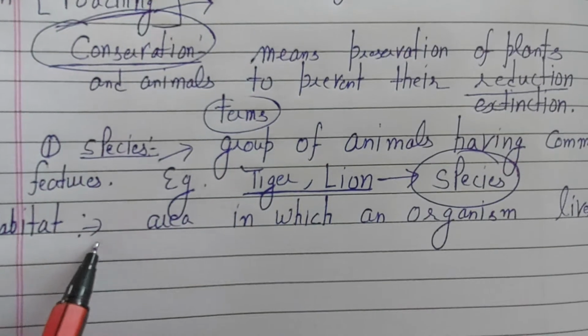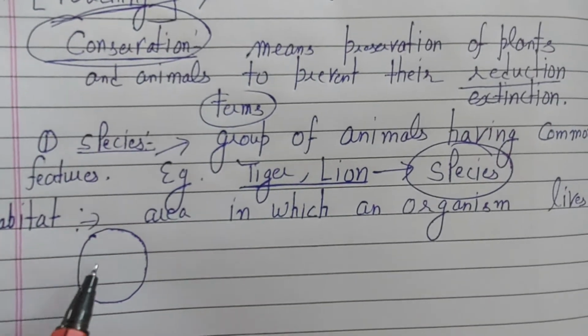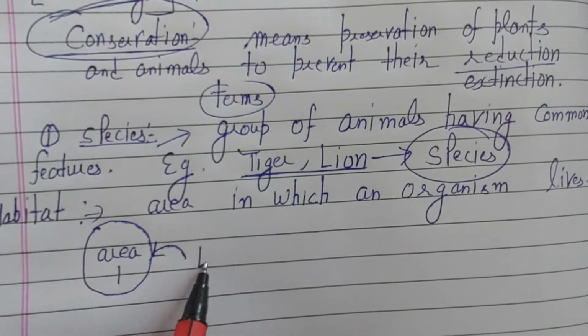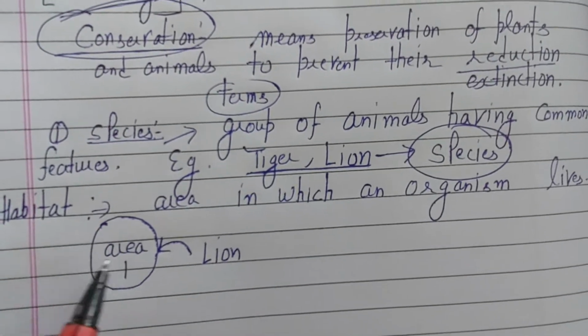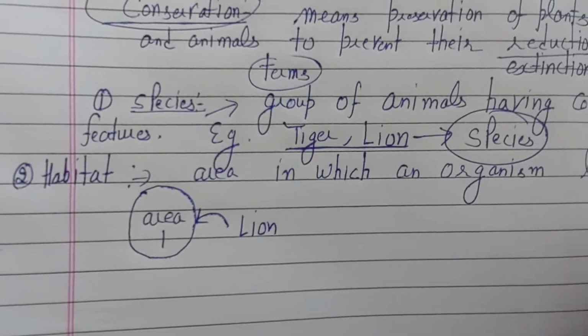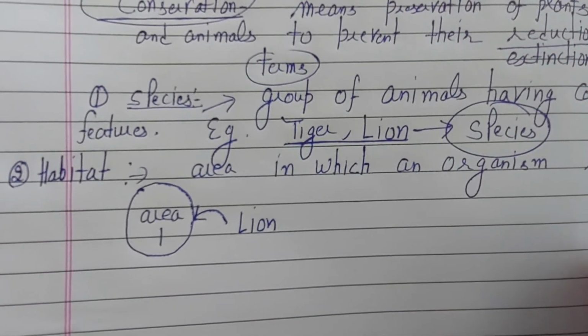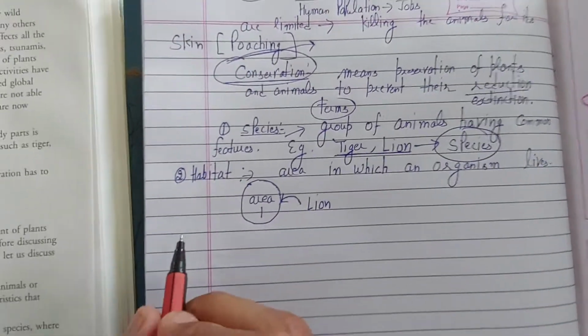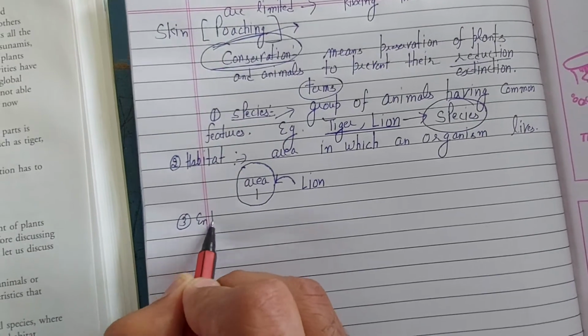Suppose a lion lives in this area, so this is the habitat of that lion. Some animals live on land, so land is their habitat. Some animals live in water, so water is their habitat.